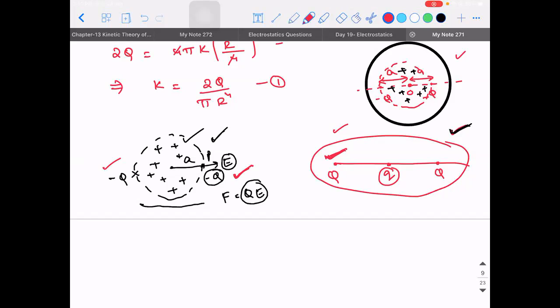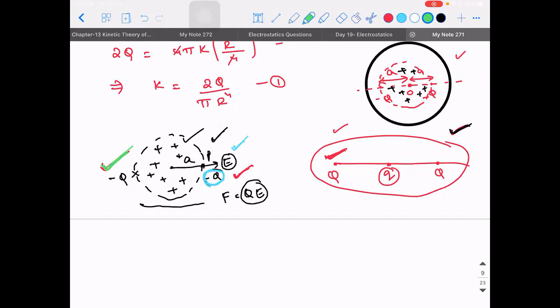Does it make sense? Someone told me, you should also balance the other minus Q. There is only one minus Q that should be balanced. I'll take a blue color marker, try to understand. This minus Q is experiencing force due to whom? One force is due to the electric field of the charges, and the same minus Q is experiencing a force due to the other minus Q charge.